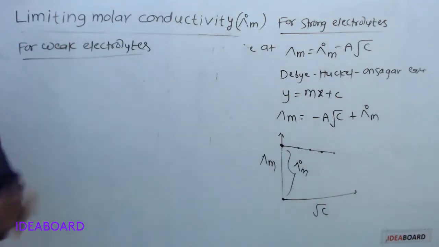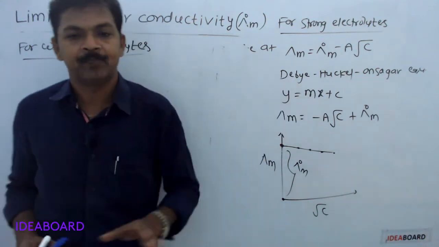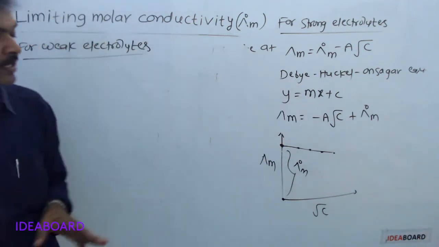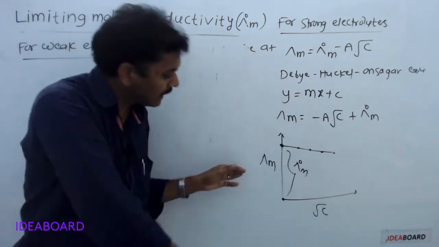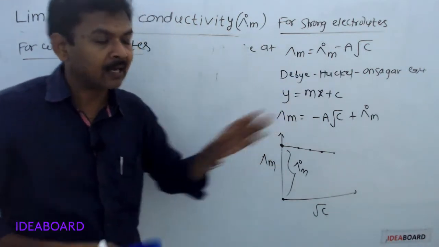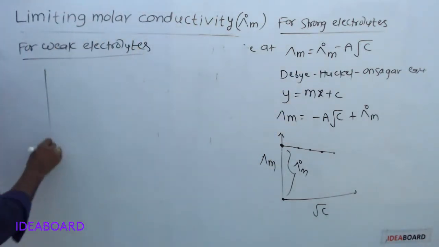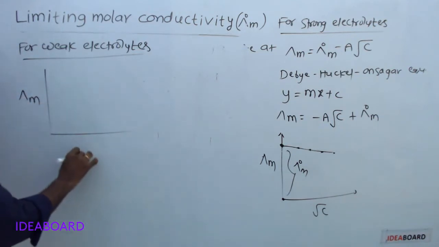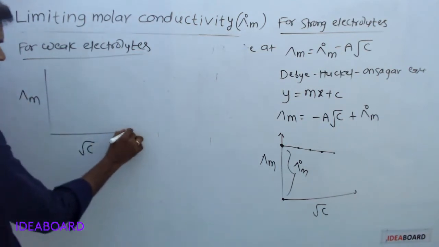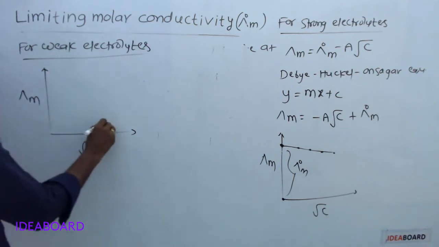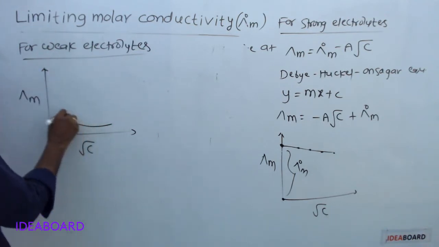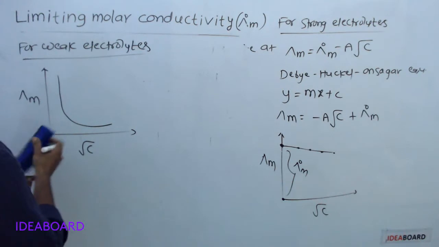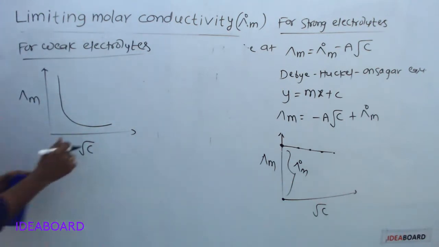If we take weak electrolytes, that increase is very large. See, when a graph is plotted between molar conductivity and root of concentration, the molar conductivity increases like this.